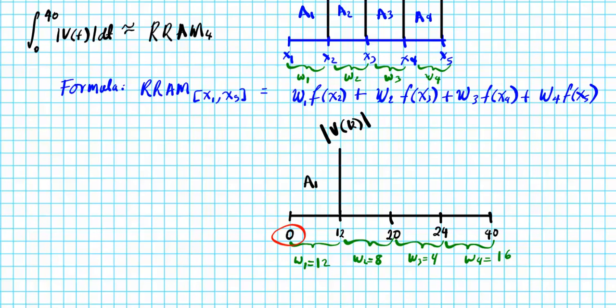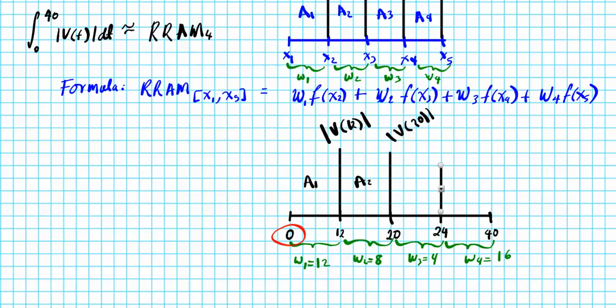And then the second height, you can guess what that's going to be. Absolute value of V of 20. So the second height is going to be the absolute value of V of 20. Multiply that by this width to get A2. And then we have the third height and the fourth height. Okay, so let me just draw that in.